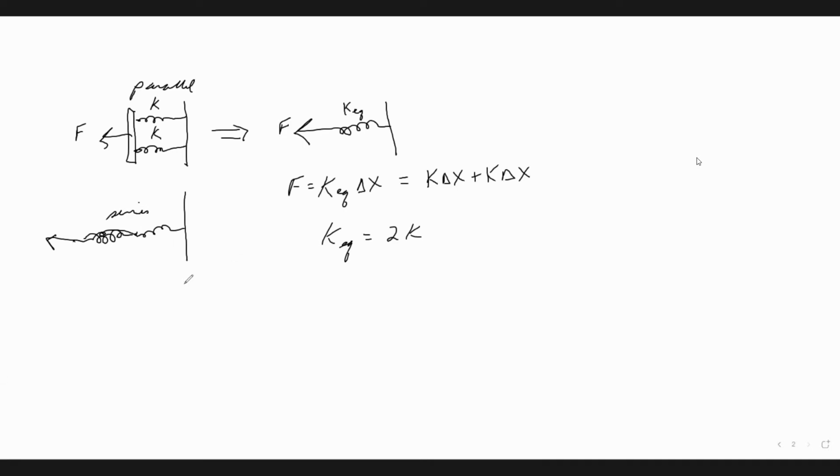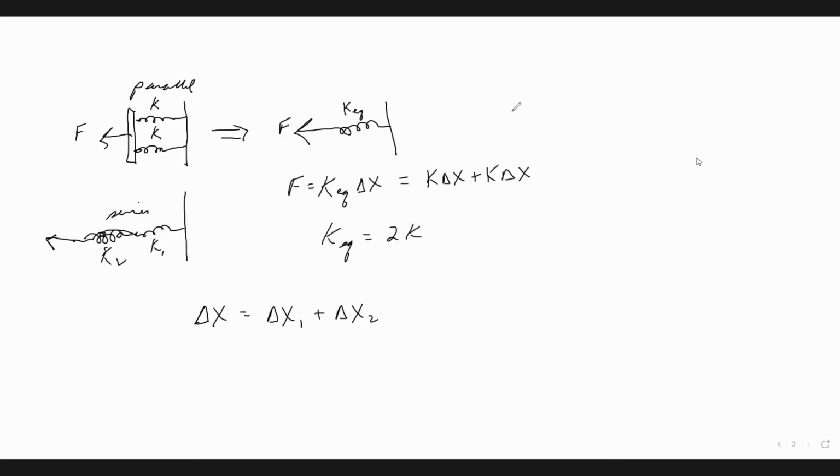So let's write delta x that I extend this equivalent spring is the same as the delta x that I extend K1 and K2 individually. Add them up together, I get the total delta x.